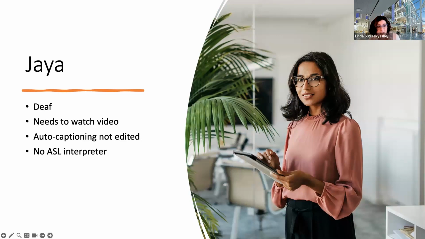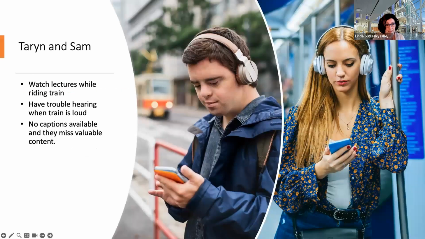And Jaya, who is deaf and needs to watch a video to learn how to do her job, had no captioning, or the auto captioning wasn't edited actually, and there was no ASL person. And then we have our commuters who are so busy that they just have to view materials people send them while they're commuting. It's hard to hear on a train. Captioning is important for a lot of people.